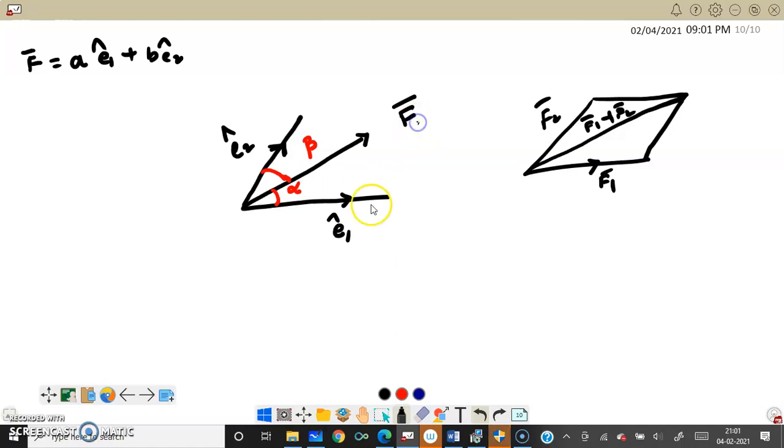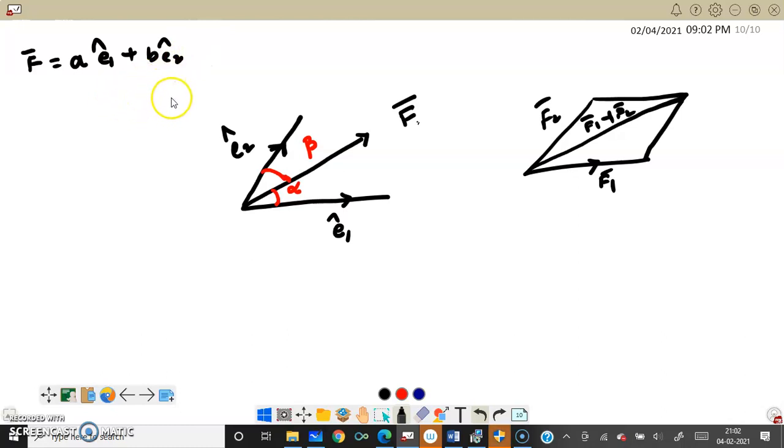And this is the resultant of E1 and E2, which are unit vectors. So therefore A E1 will be similar to F1, A E2 is similar to F2, and this F is F1 plus F2, right? That is how we got F equal to A E1 plus B E2, right?